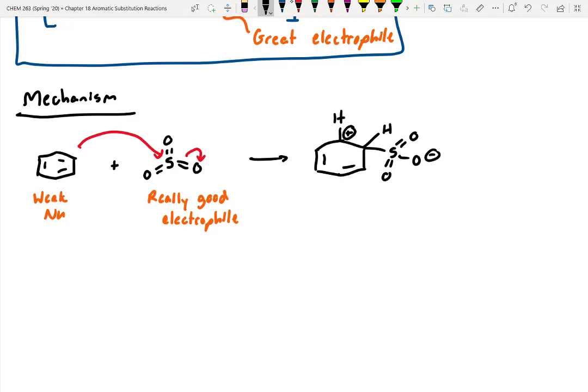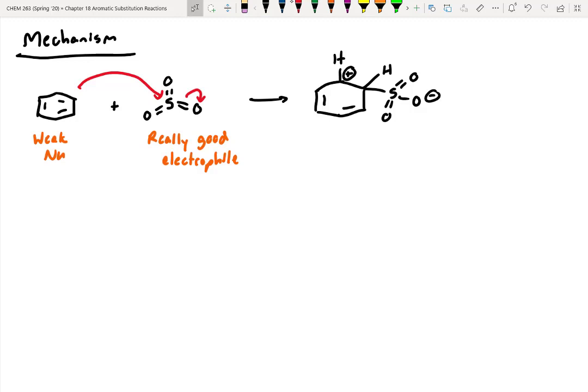And then in the next step, what we're going to do is we're going to either do a proton transfer or restore aromaticity. It really doesn't matter which one occurs first. They're both very fast, so I'm just going to go ahead and show the proton transfer. So this reaction's done in sulfuric acid, really strong acid, so it's going to quickly reprotonate.